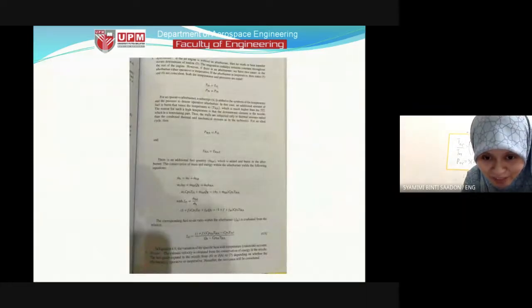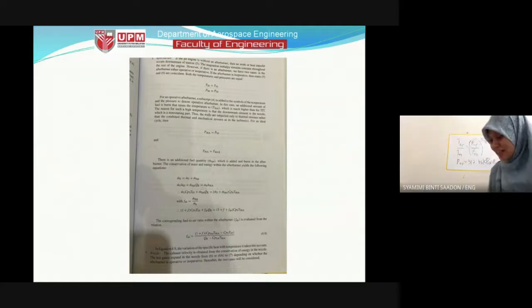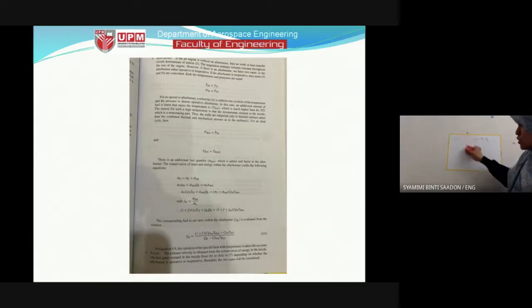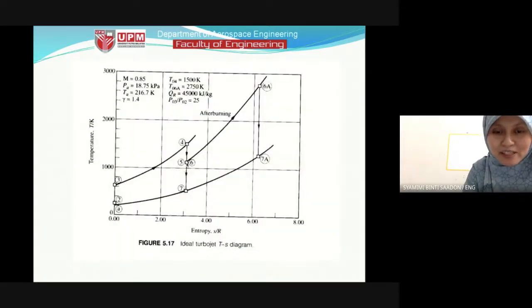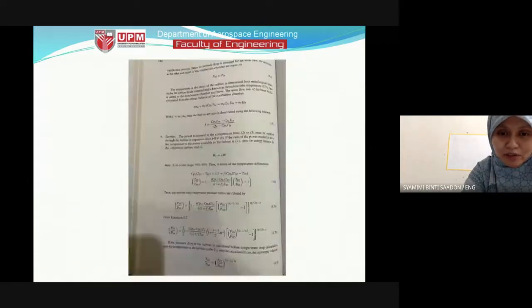To calculate T total 6, we use the same isentropic equation, because the nozzle is kind of the same as the turbine. In the thermodynamic cycle, the temperature and pressure decrease, and here from 6 to 7 or 5 to 7 the temperature and pressure are also decreasing. So we can use the same equation as for the turbine.